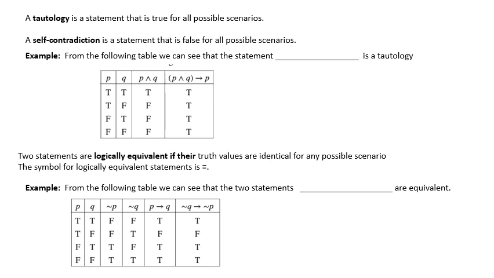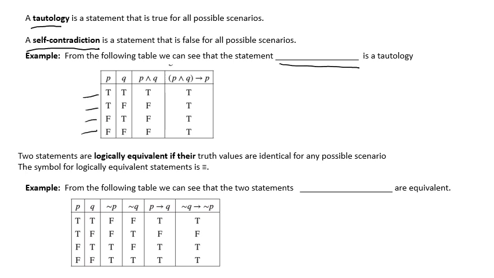A tautology is a statement that is true for all possible scenarios. A self-contradiction is a statement that is false for all possible scenarios. For example, from the following table, we can see that the statement, you fill in the blank here, is a tautology. So if we look at a table, here are our four scenarios.